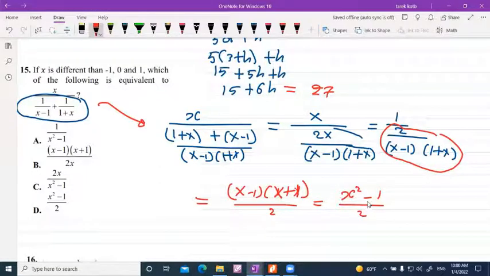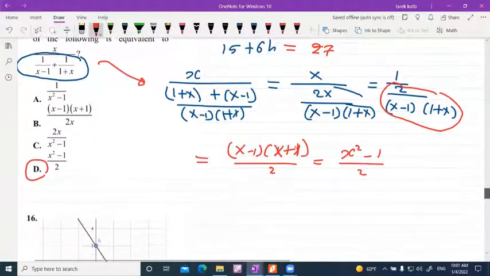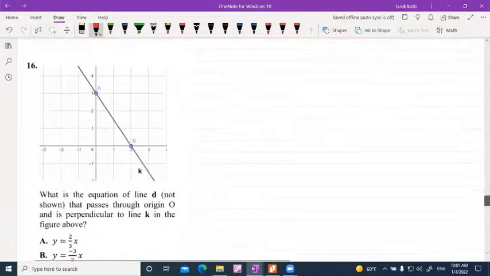This x minus 1 times x plus 1 is x squared minus 1 over 2, because if you factorize x squared minus 1, you will get x minus 1 and x plus 1.